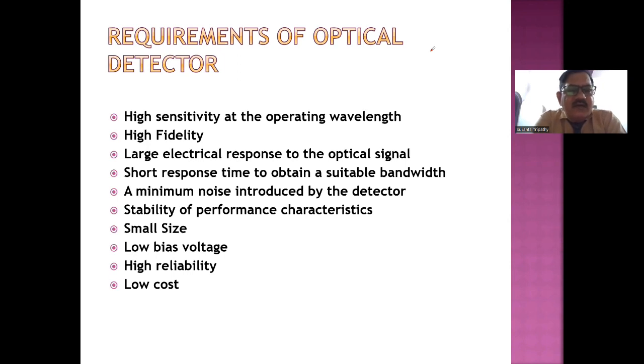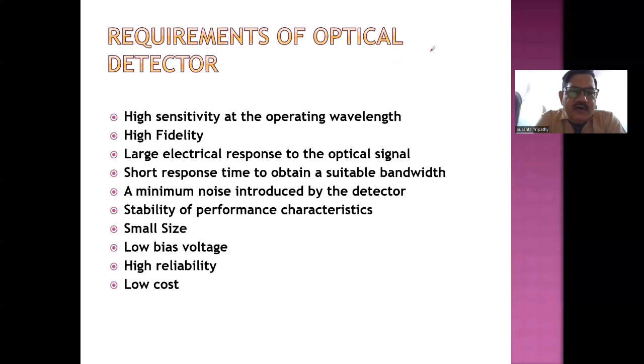The second requirement is high fidelity. That means the detector should be capable of receiving the signal easily. Then a large electrical response to the optical signal, because finally the optical signal will be converted to an electrical signal. Then short response time, which is obvious, because when you put the light signal onto the detector, the optical power will be converted into electrical power, and the time for the conversion should be as small as possible.